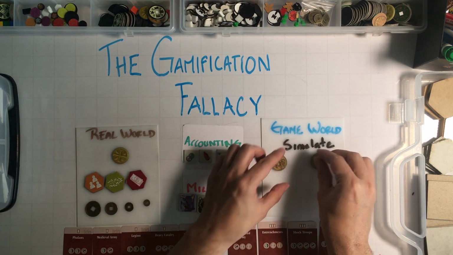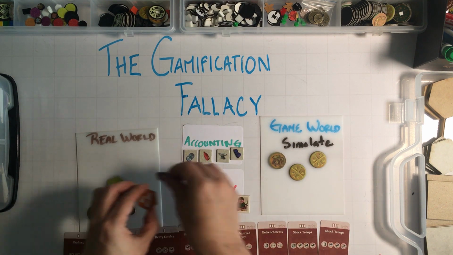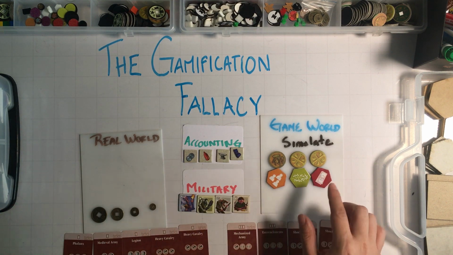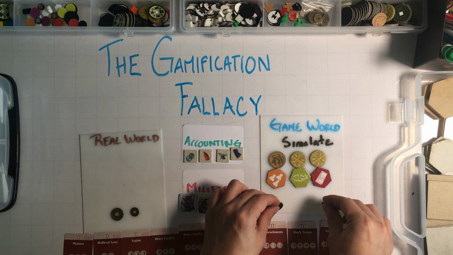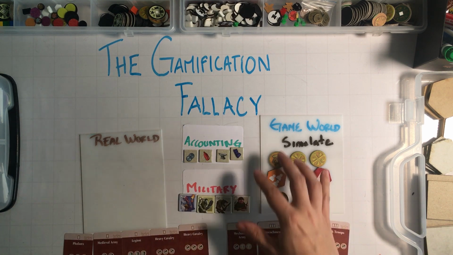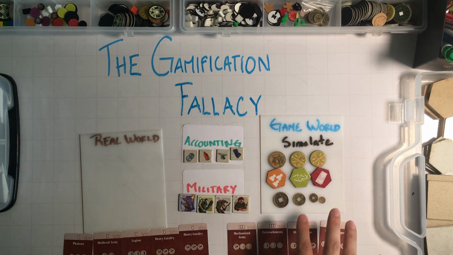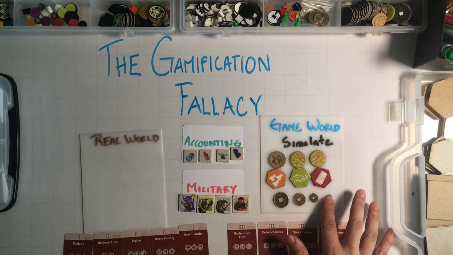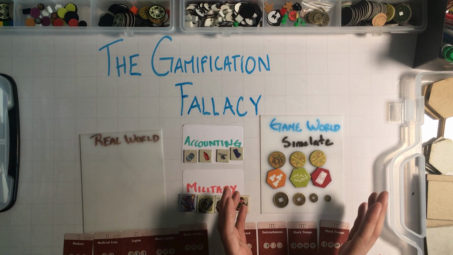We started bringing these points. We started bringing these badges. So we have medals and we have trophies, so the gold and the bronze and everything like that. And we created rankings because we needed to compare the abilities of our different players. These were ways of comparison. We needed to compare them to actually know who was the best in the game world.